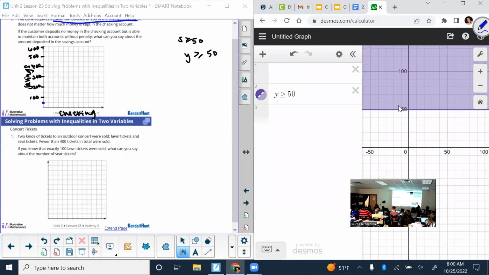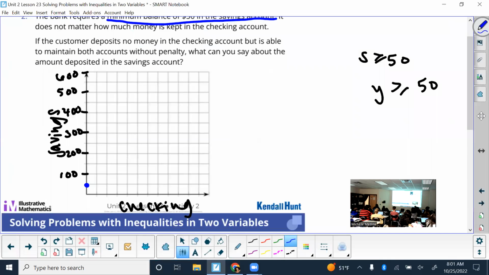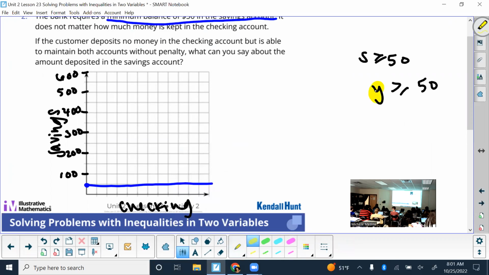All right, so y-intercept is 50, like we said. Solid or dashed line? Solid. And then shaded above or below? Remember, this is what tells you, and also in Desmos too.